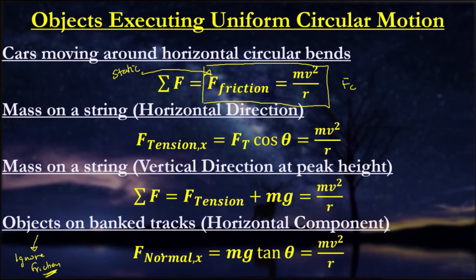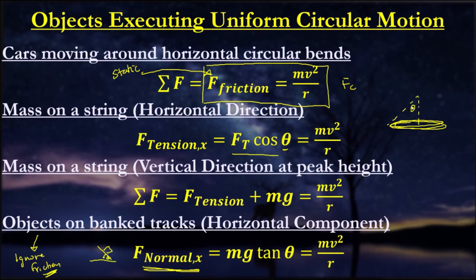So the contributing factor, if we're on a banked curve, so on an inclined plane with a car going in circular motion around, is contributed by the horizontal component of the normal force. We also said for a mass on a string, if it's being rotated horizontally, it's the horizontal component that we can use to find the motion of the object. Now, obviously this angle and this formula here is really dictated by where you get that angle.